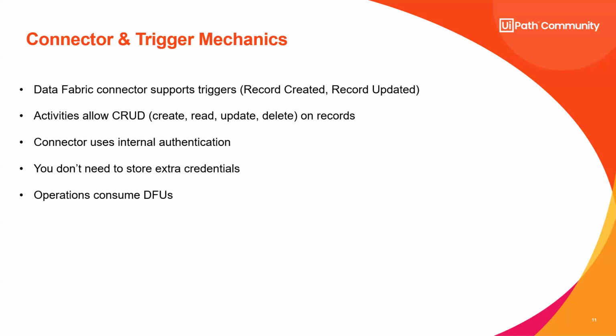Connector and trigger mechanics. Now let's talk about how UiPath Data Fabric connects with external systems and how it triggers automation. At the core of this connectivity is our UiPath Integration Service. This is what allows Data Fabric to talk to many applications without needing to write any code or manage APIs manually.